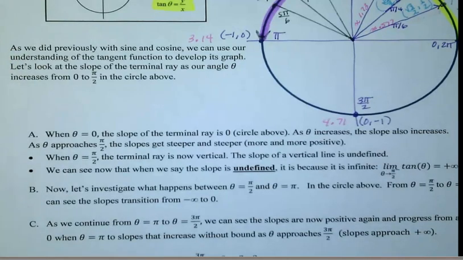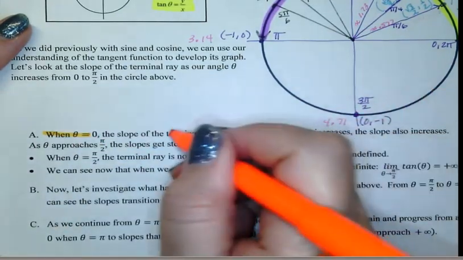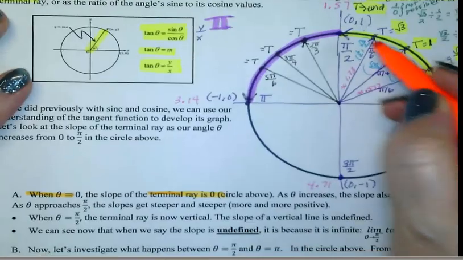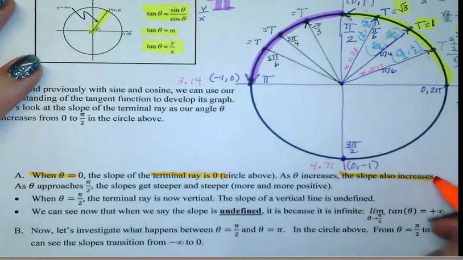So let's catch up in terms of what we've been talking about. When theta is 0, the slope of the terminal ray is 0, right? So when it's 0, the terminal ray has a slope of 0. And then as the thetas increase, as we move this way around in the first quadrant, the slopes also increase. So we discovered that a moment ago.